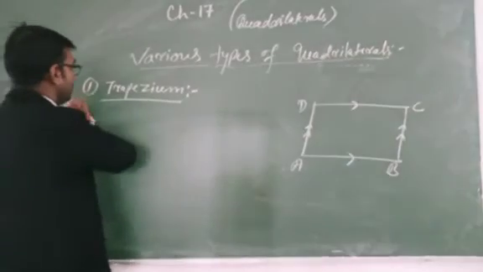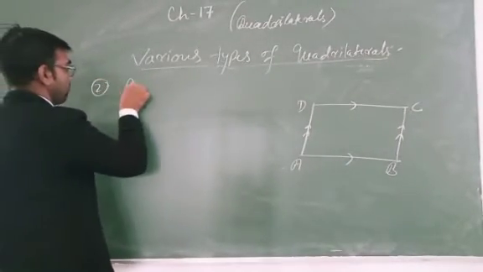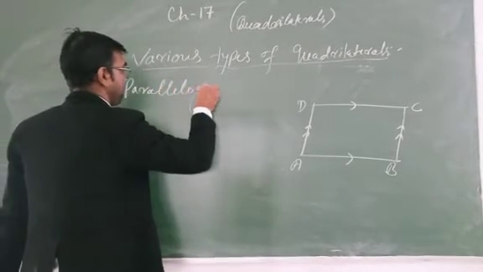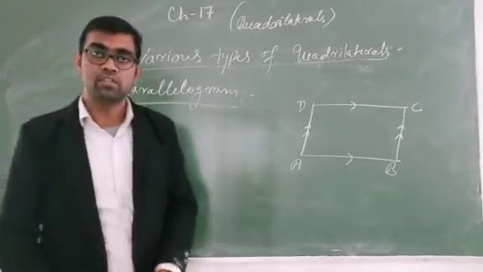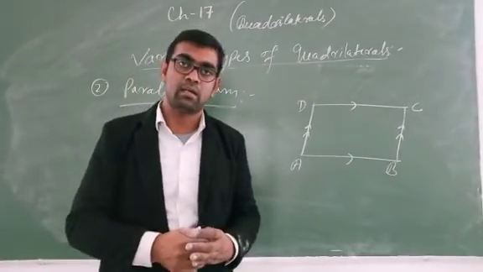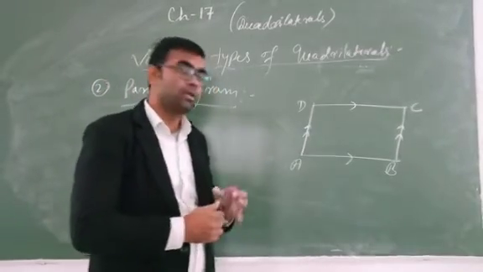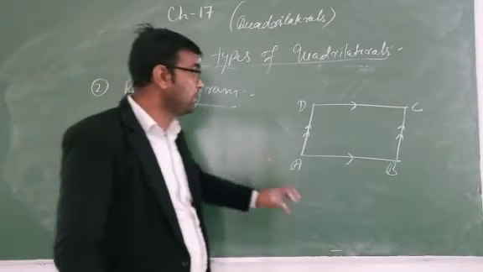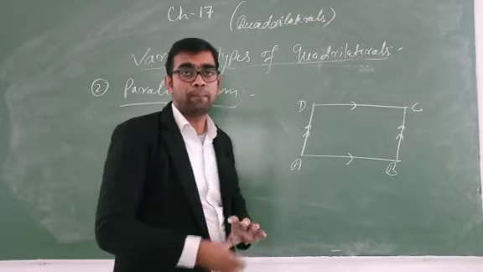So the next definition is parallelogram. A quadrilateral in which both of its opposite sides are parallel is said to be a parallelogram.